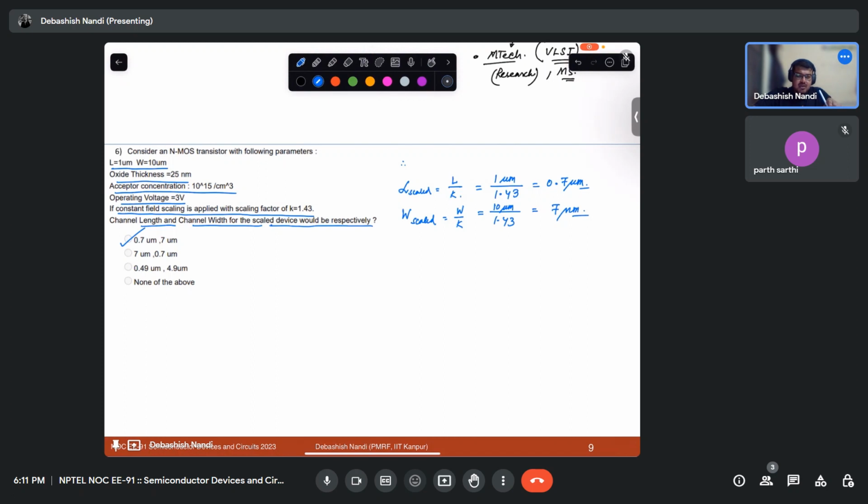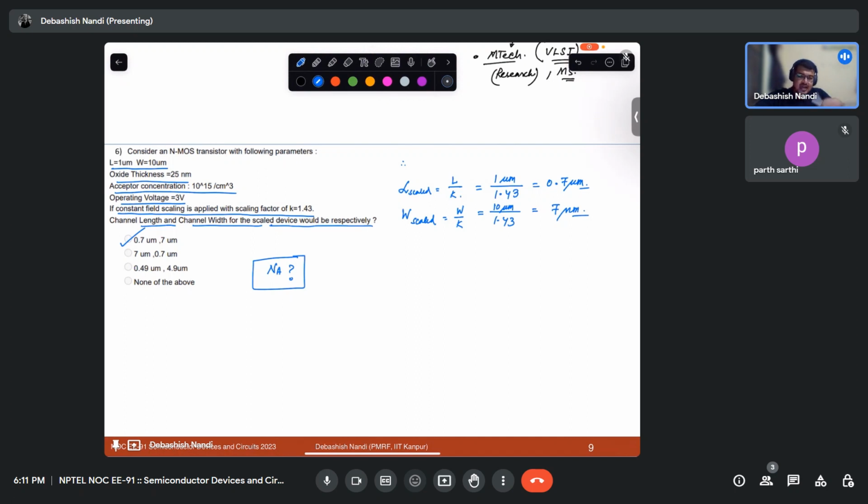Can you tell me what would be the scaling on NA? How will NA get scaled? Should we scale it or not? All your device dimensions have to be scaled. W you have scaled, L you have scaled, TOX you have scaled.